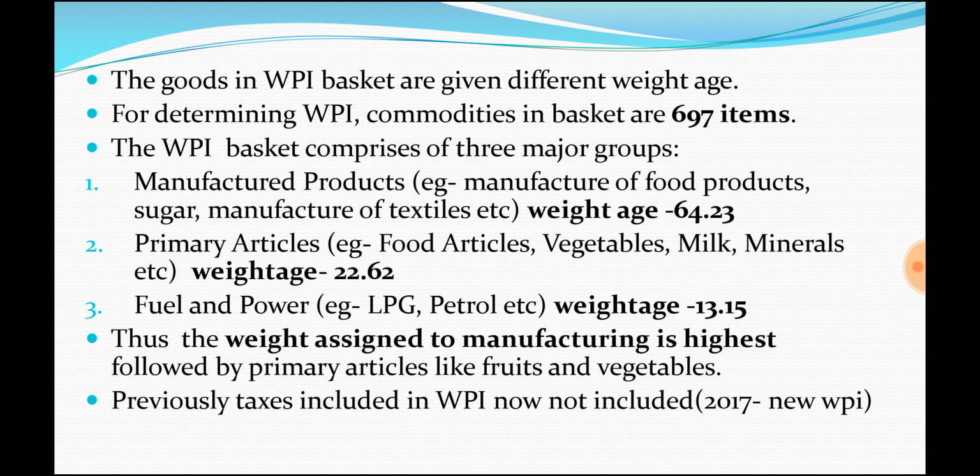Among the 697 items, manufactured products get 64.23%, primary articles only get 22.62%, and fuel and power gets only 13.15%. So manufacturing is the highest in this case.